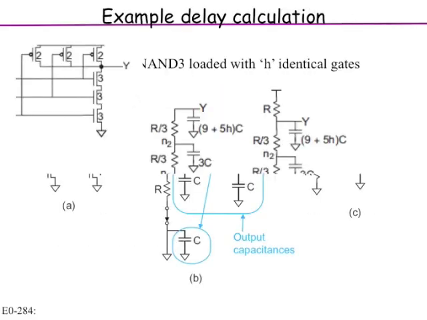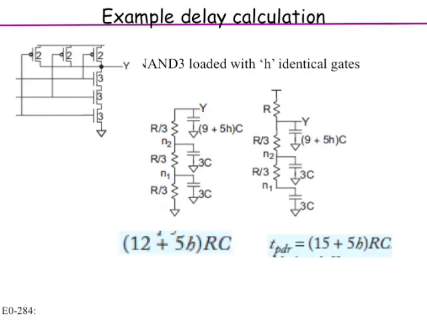When you do a few examples, it will become clear how to do it. So let us take the example of your NAND 3. Let us say this NAND 3 gate is loaded with H other identical gates. H is some integer, maybe 5, 6, 10, whatever it is. That means the output Y is connected to one of the inputs of H other gates.